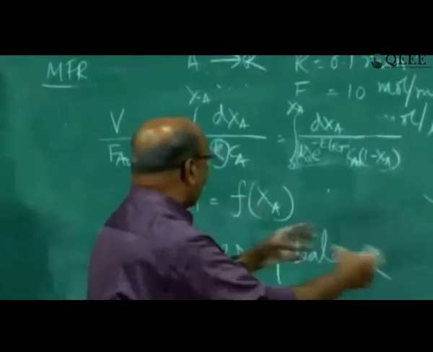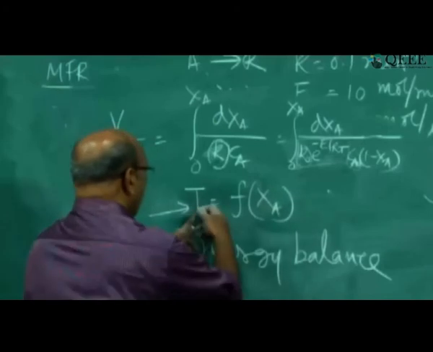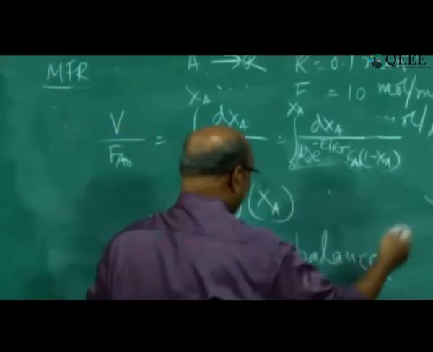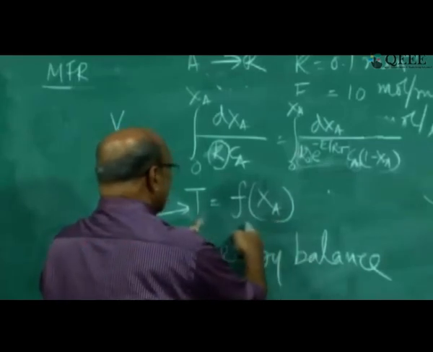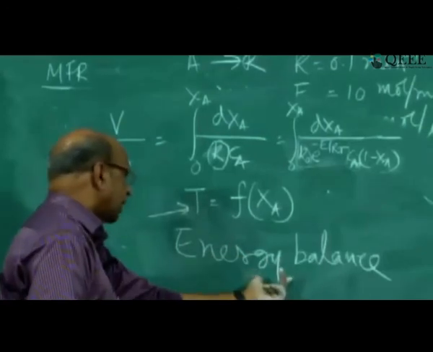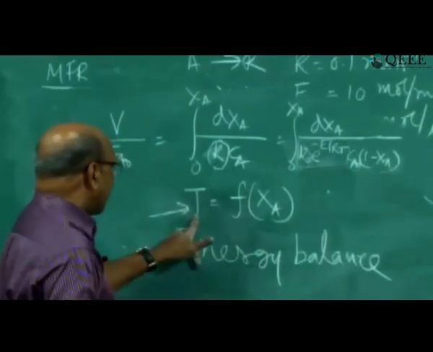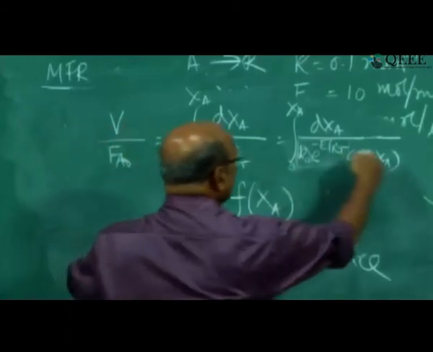If it is a plug flow reactor, along the length. So now that information I have to get, how temperature is changing with conversion, the relationship between temperature and conversion. So that is the reason why I need an extra equation, that is the energy balance equation, which connects temperature and conversion. Now that temperature and conversion I can substitute here.